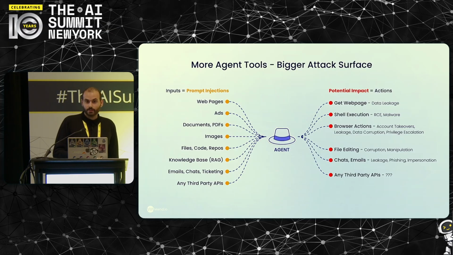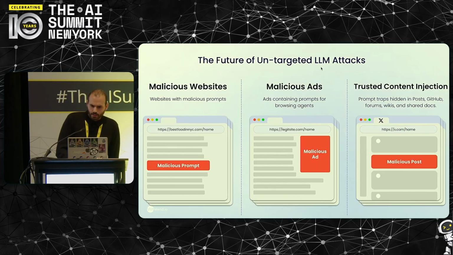Shell execution, sending email outside of the organization. So this is the future of untargeted attacks, right? It can come in malicious websites. It can come in malicious ads. Even posts that people write, if you have agents reading posts, someone can post a prompt injection. For people, they will usually see it and it will be more obvious.